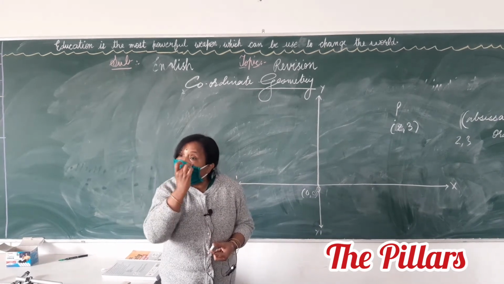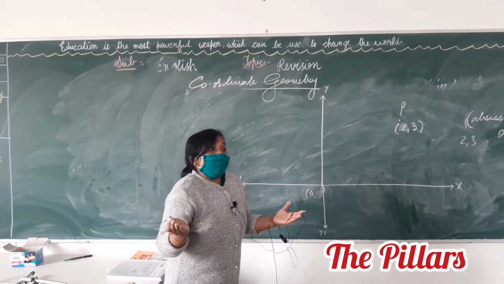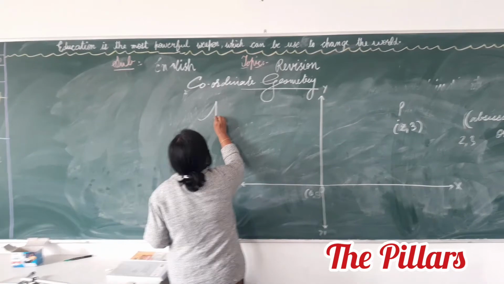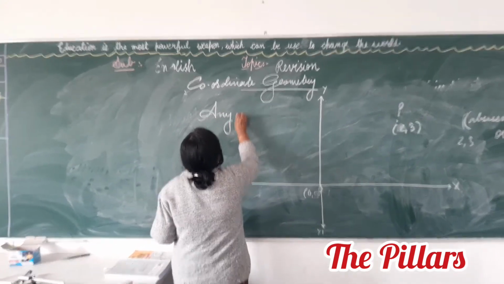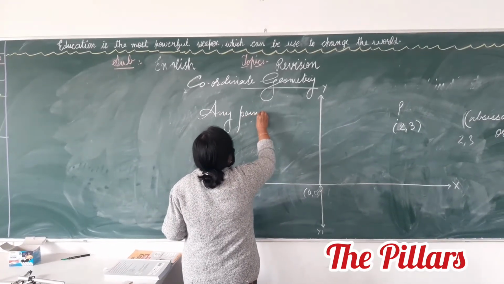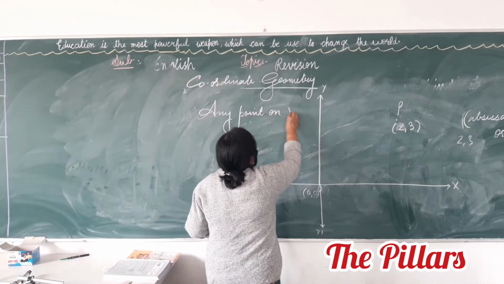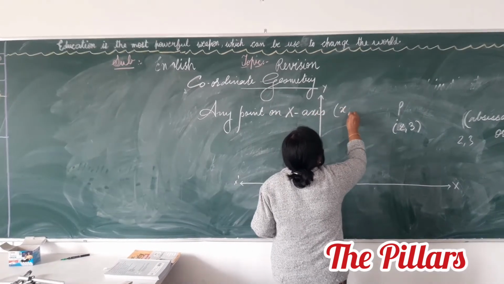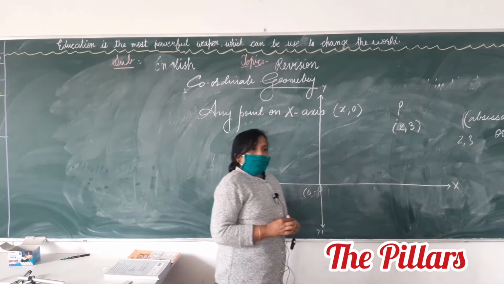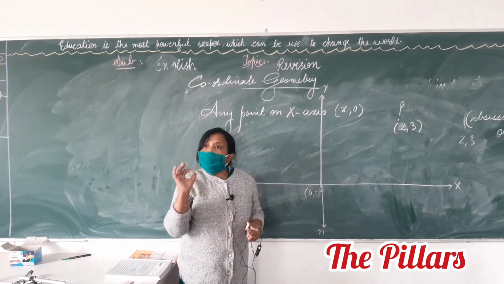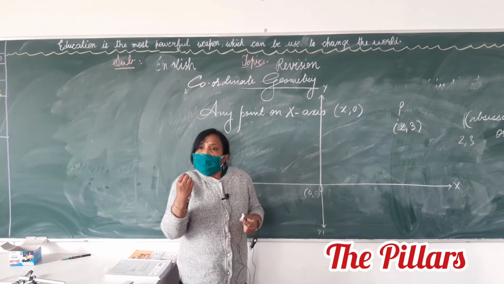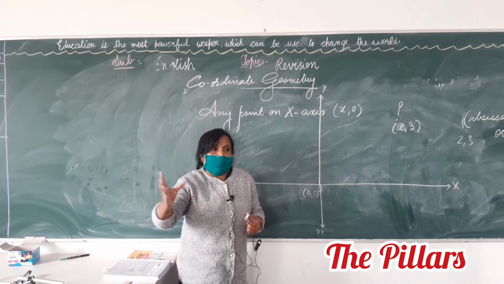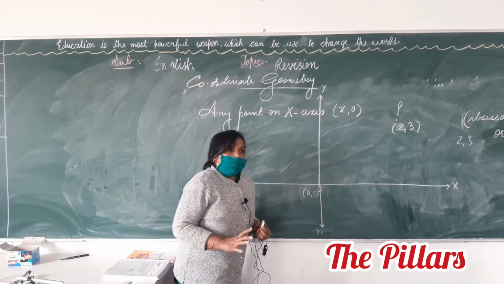Then what will be the coordinates? x comma 0. Very good. Any point on x-axis, x comma 0. These things you should keep in mind. Suppose the question says take any point on x-axis, immediately it should come to your mind that we can take x comma 0.